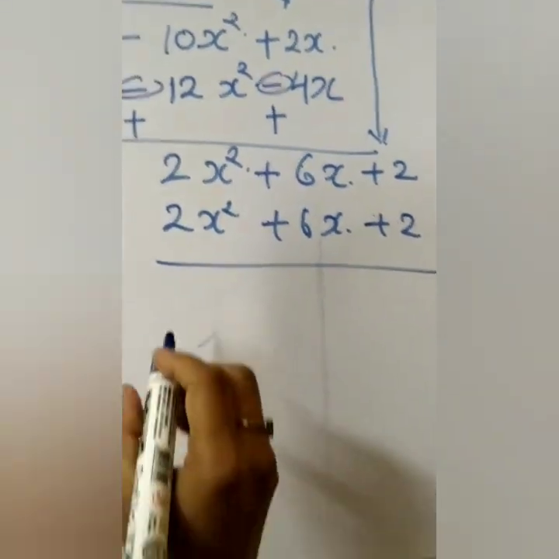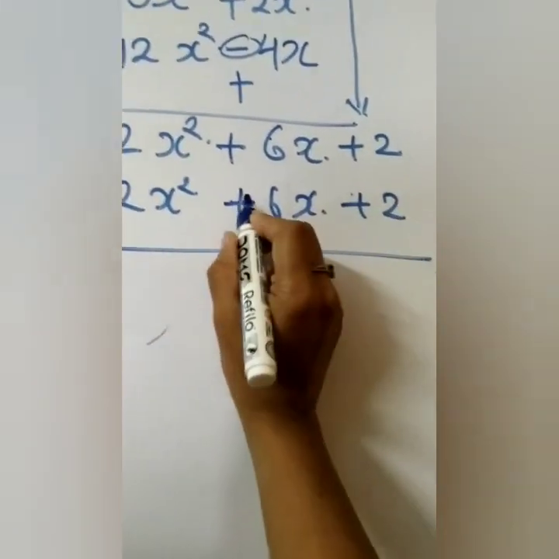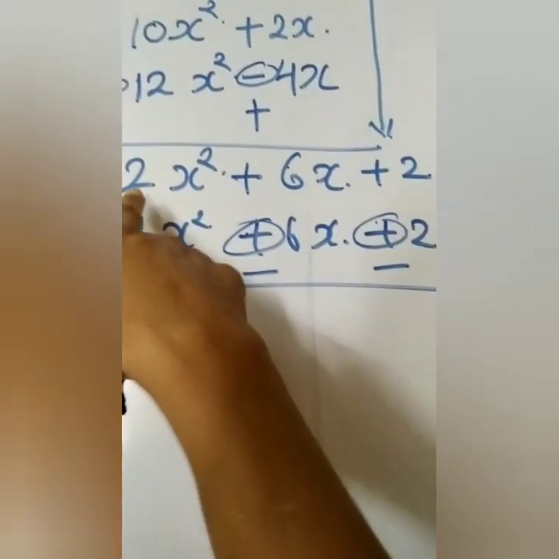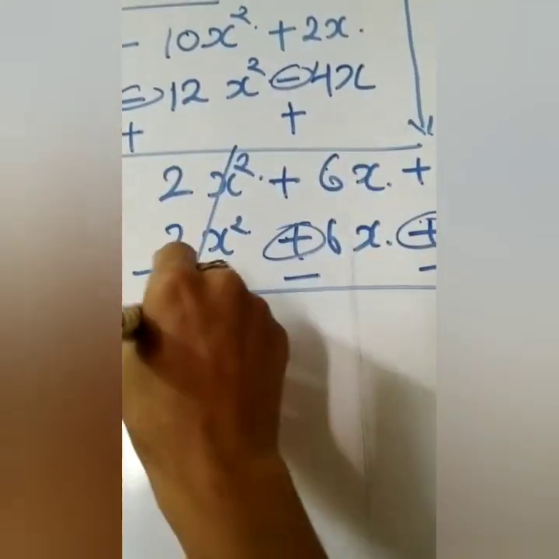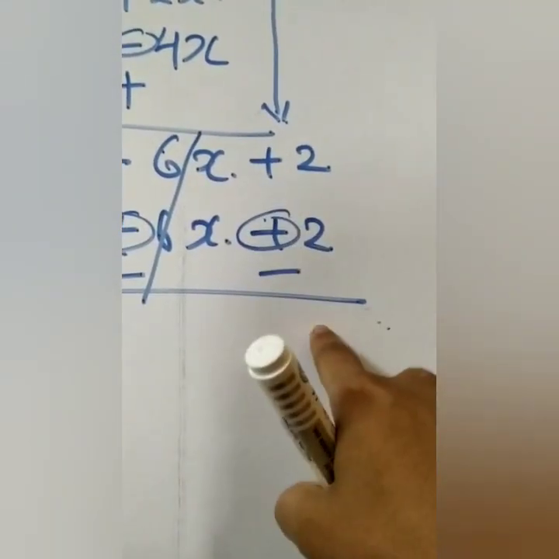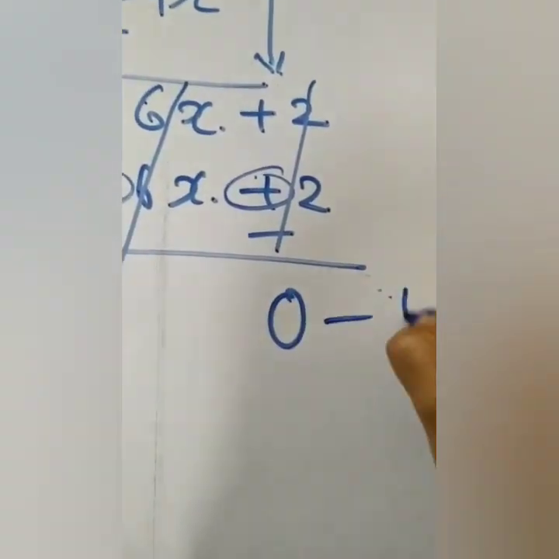Here we will change the sign. If it is plus it will become minus, if it is plus it will again become minus, and if it is plus it will become minus. Plus and minus terms will cancel out, plus 6 minus 6 will cancel out and plus 2 minus 2 will cancel out and our remainder is 0.